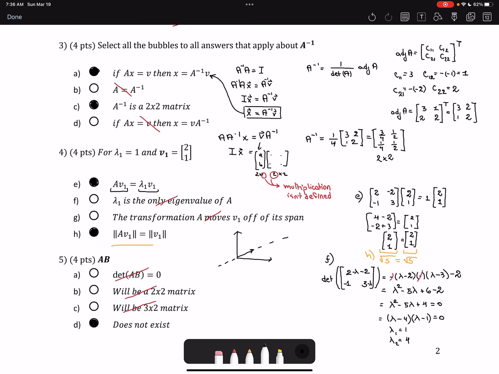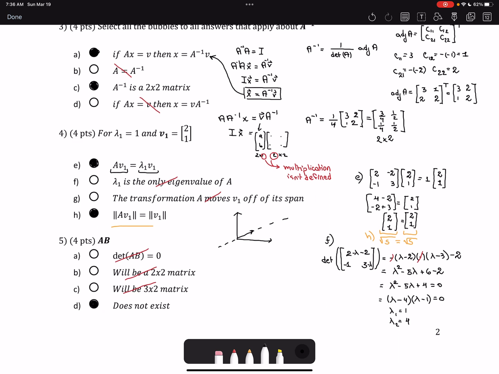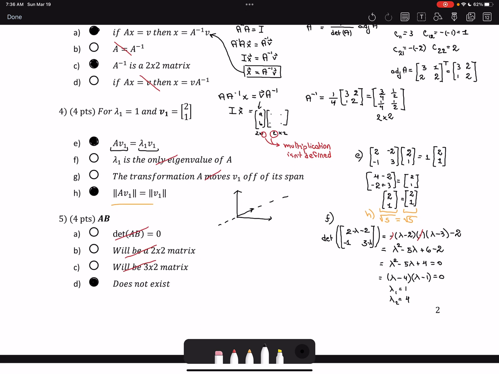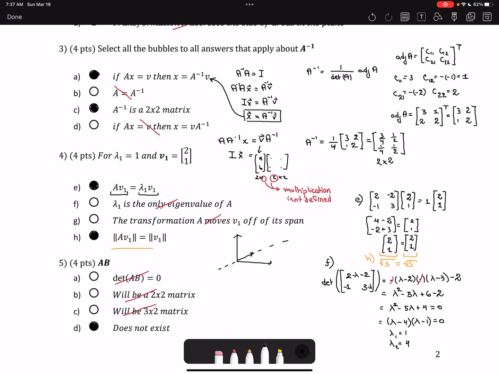Then for number 4, we looked at which statement is true. I think I misinterpreted this one. I could not select 2 of them. So I wonder which one of these 2 is correct. I think this one's definitely true. And AV1, we did AV1, and we see that it is indeed correct.